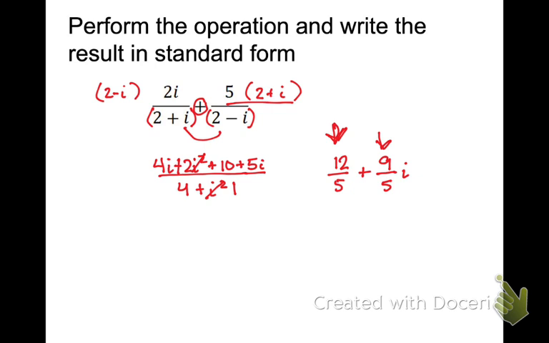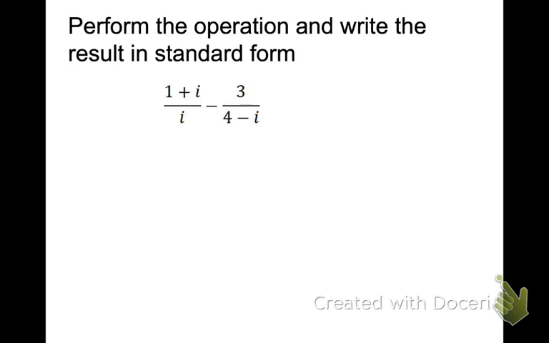If they're not conjugates of each other, you can do the same thing, but are you going to get a real number in your denominator right away? No. Then you'll have to go back and multiply by the conjugate of the denominator that you get. So what I like to do is do the conjugates first, personally, because I like to get common denominators with real numbers.